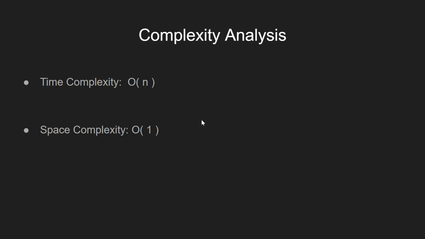Since the length of the external for loop is kept fixed, we consider only the inner for loop for the complexity, and since it iterates over all the integers in the given array and the array has n integers, the algorithm takes order of n in time. And since our space requirements remain constant throughout, the space complexity remains big O of 1.